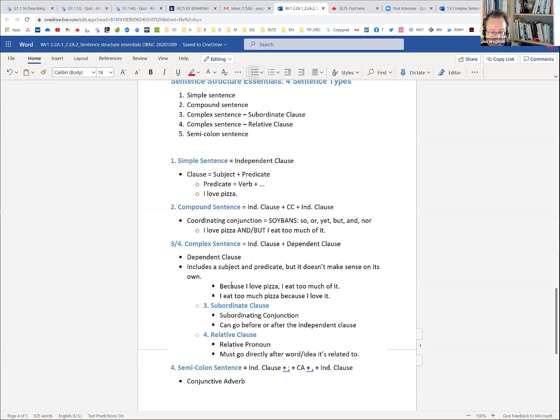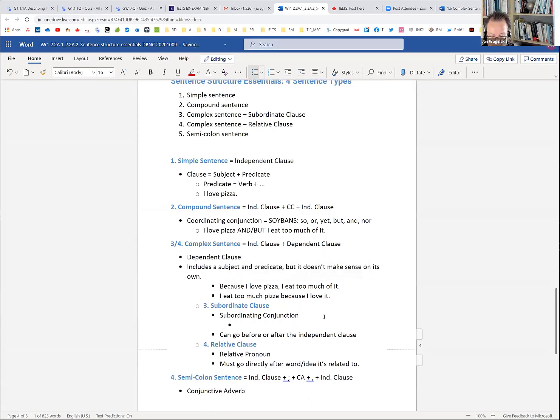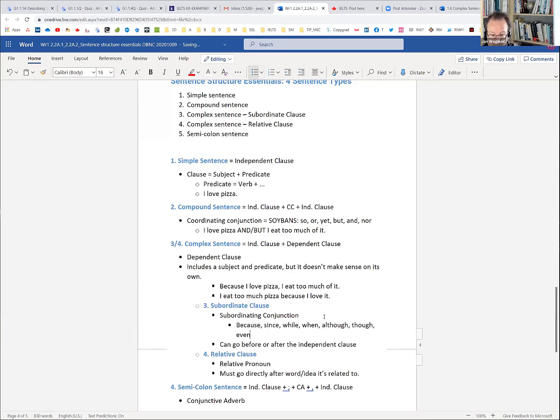Subordinate clauses begin with these kinds of words. These are called subordinating conjunctions. So we've got because, since, while, very often when, although, though, even though, whenever. These are very common subordinating conjunctions.